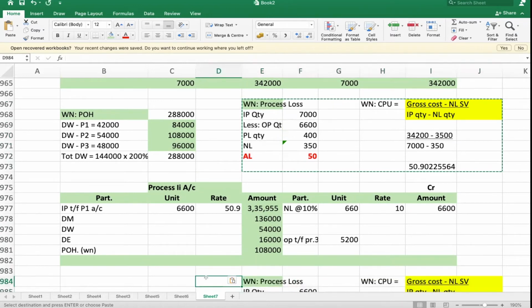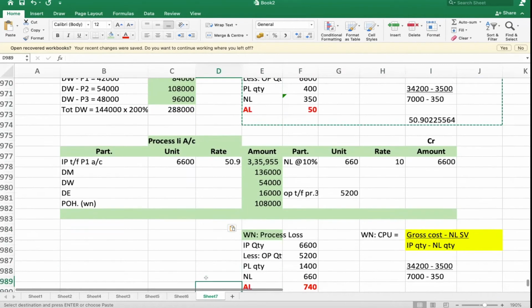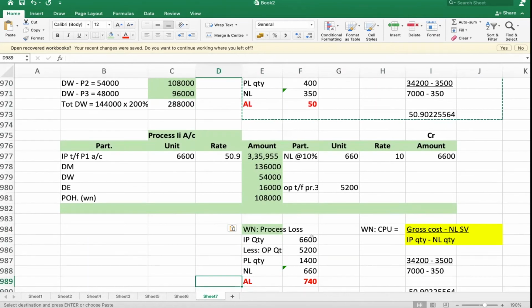First, process loss computation. What minus what is equal to process loss? Input quantity minus output quantity. Input quantity 6,600. Output quantity 5,200. Therefore, process loss comes to 1,400.